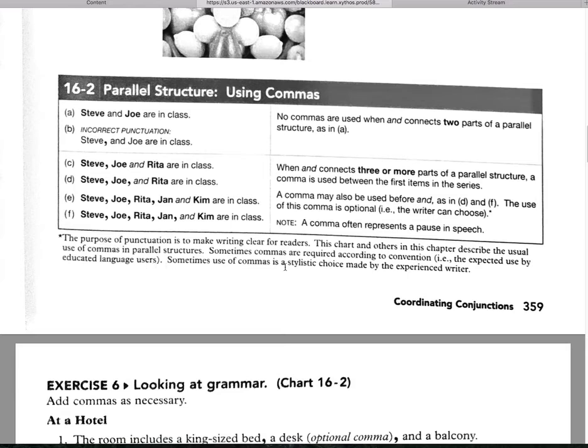Sometimes the use of commas is a stylistic choice made by the experienced writer. And that's why I'm asking you to ask your writing instructor to see if he or she prefers the use of commas in parallel structure before the conjunction if you have 3 or more parts of speech. Okay?